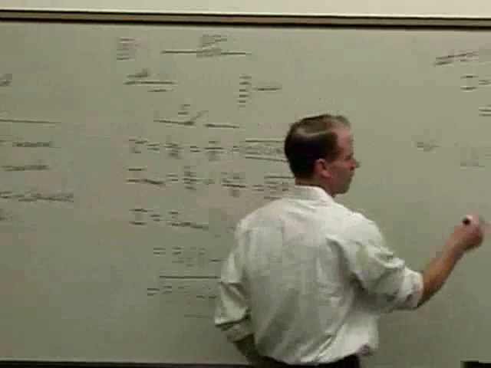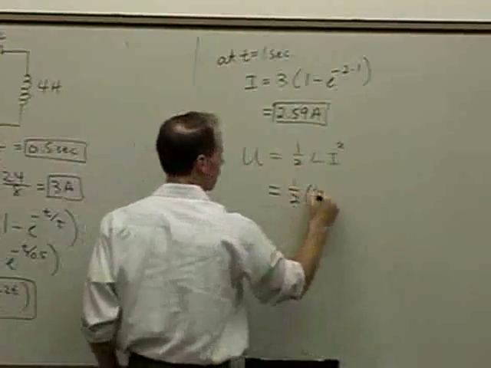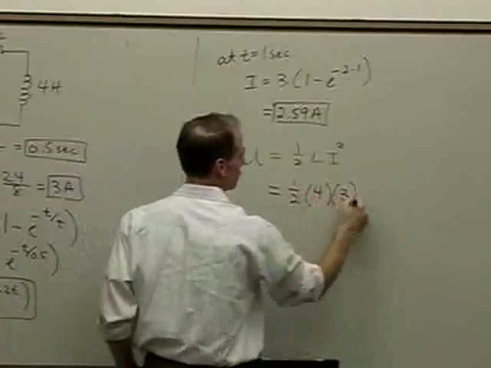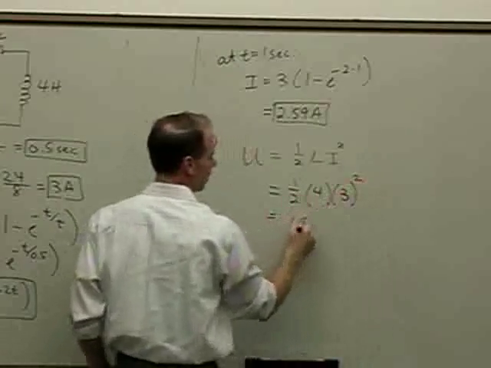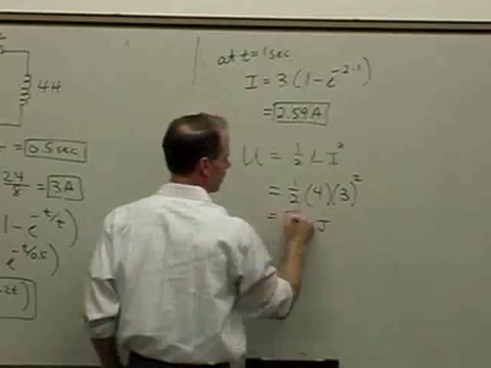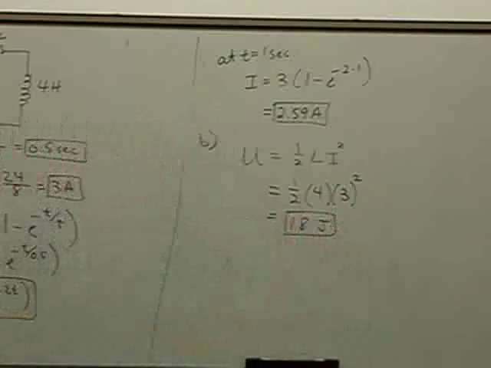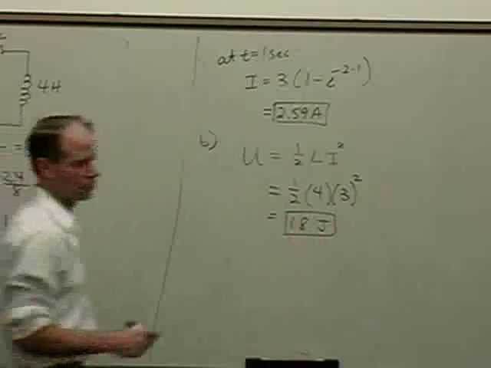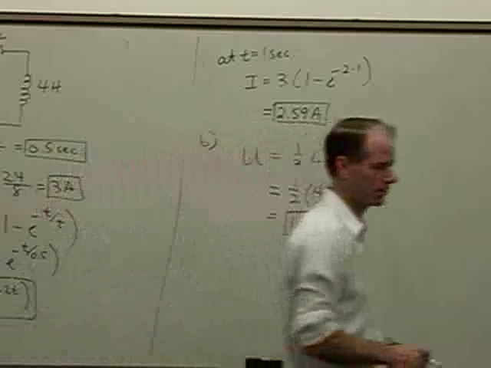So this would be 1/2 times 4 times 3 squared. That's 2 times 9, 18 joules. So that is the energy stored in this inductor when the current has reached its final equilibrium value.